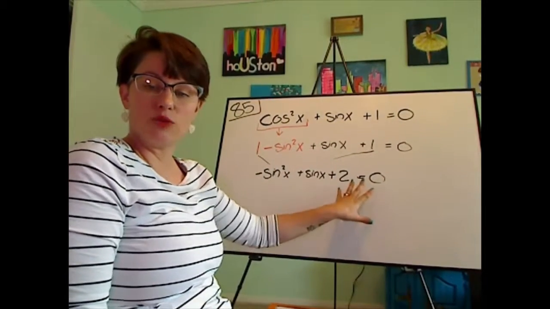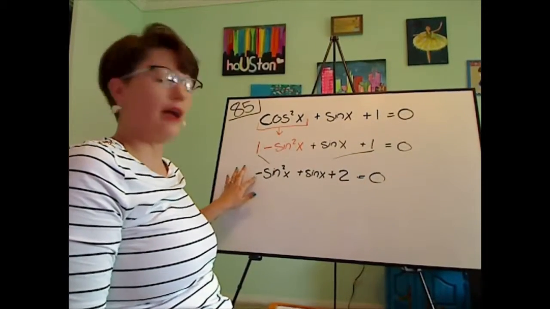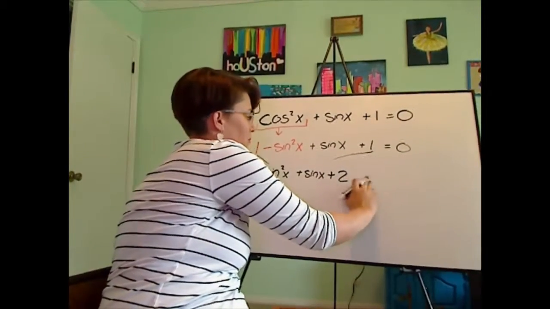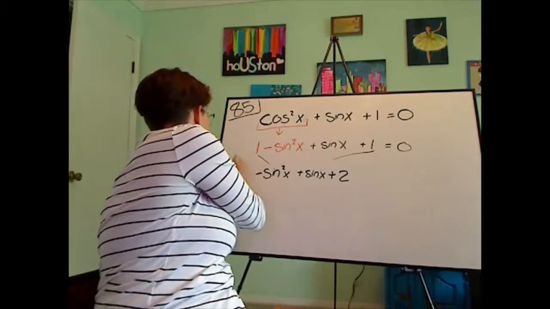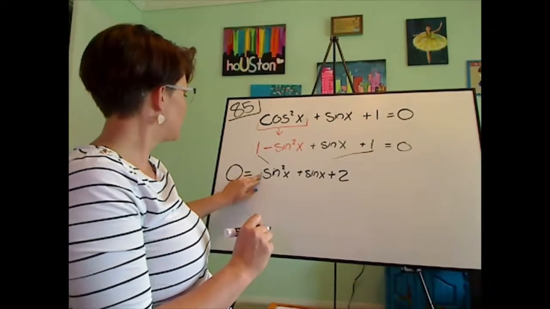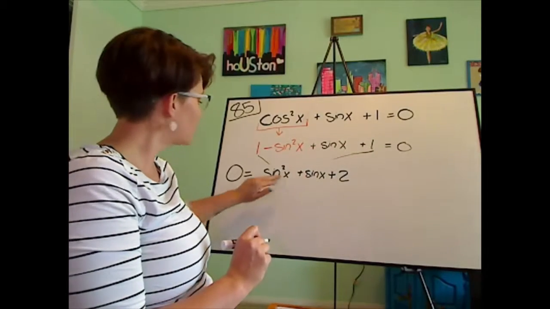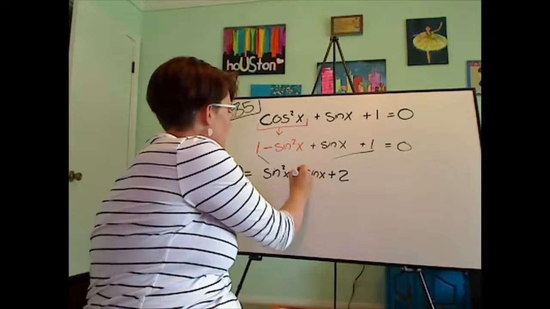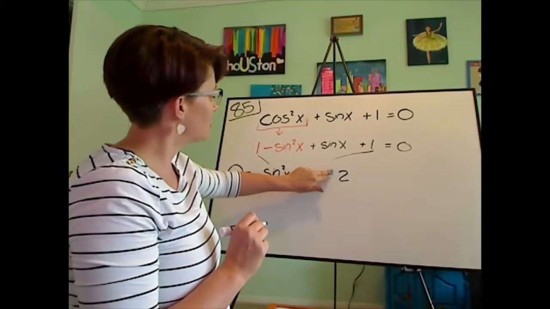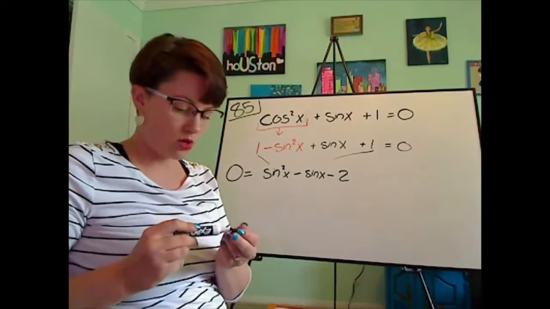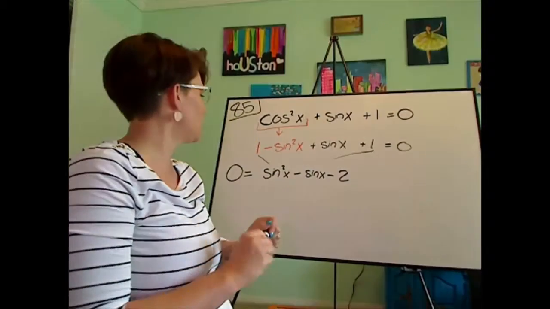I don't want to factor out a negative, so I am just going to pretend that I've moved everybody over to the other side of the equal sign. That's going to change this into a positive sine squared. This is going to be a negative sine x, and this is going to be a negative 2.